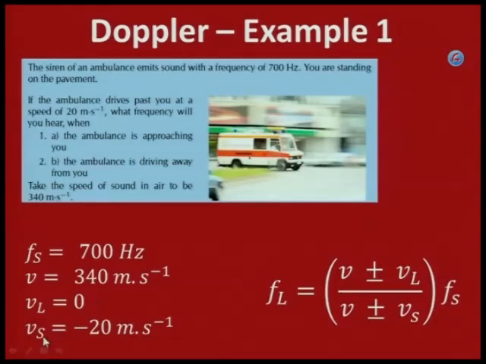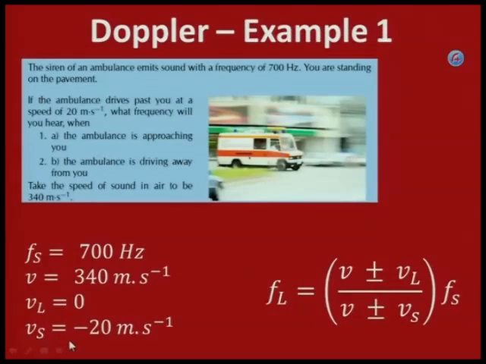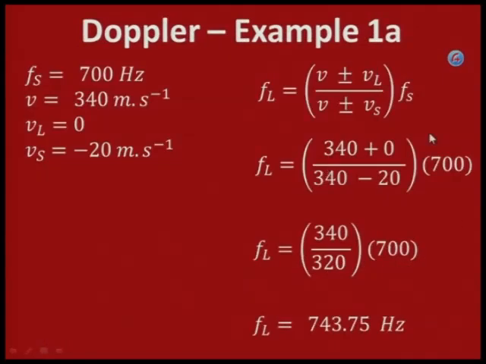The speed of the source is minus 20 meters per second because the ambulance is driving at 20 meters per second and it is approaching you. If you look at the table, the source moves towards the listener, so Vs is negative.